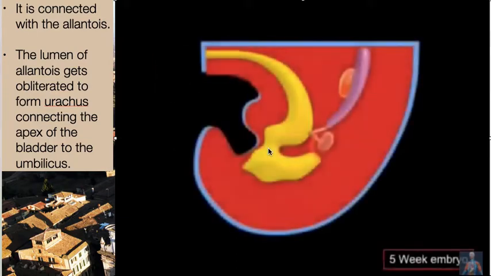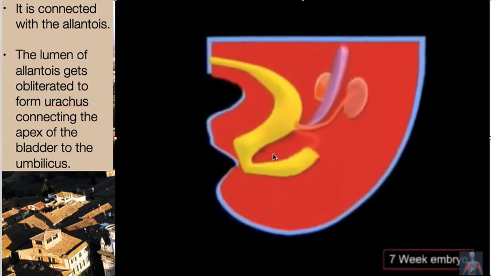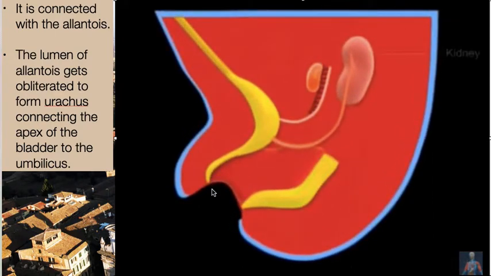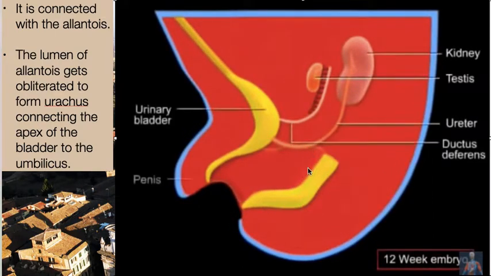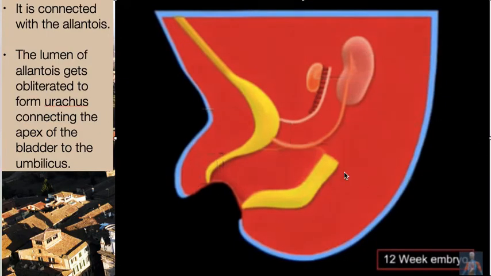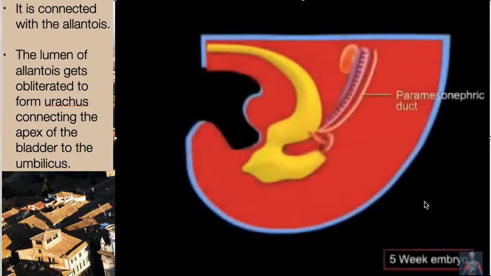Formation of the male urethra. Here, urorectal septum has descended down. This is the rectum. This is the bladder. And here is the penis that is derived from the pelvic portion of the phallic part. Formation of the female urethra in a 5-week embryo.